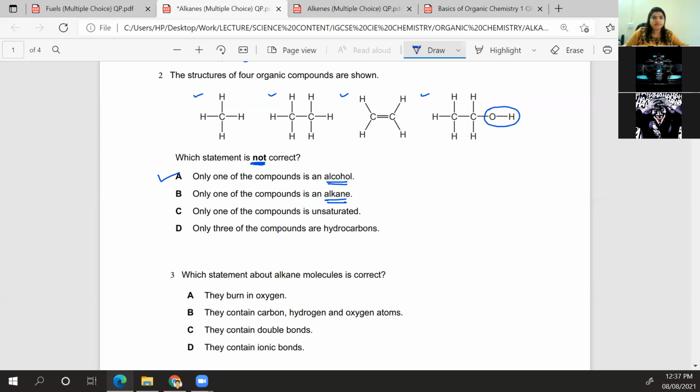It's an incorrect statement, because this is an alkane, this is an alkane, this is an alkene, and this is an alcohol. So B is the incorrect statement. There are 2 alkanes.